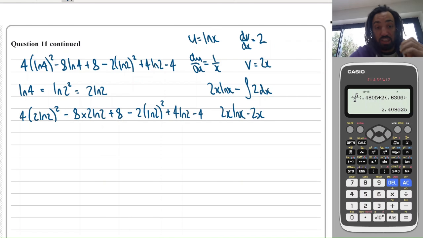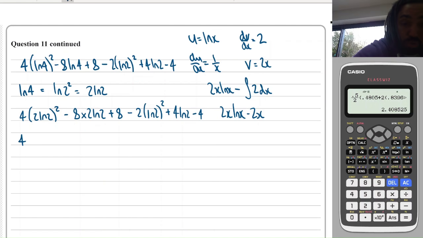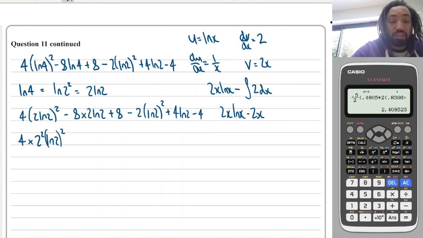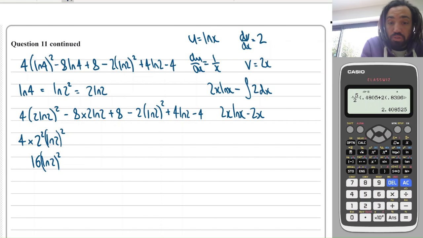Okay, now let's collect like terms. How many ln 2 squareds do I have? Well, this one here I could write as 4 times 2 squared ln 2 squared, because I can square the 2 inside the bracket and take it out. So that's actually 4 times 4, so that's 16 ln 2 squareds. And I've also got minus 2 ln 2 squareds there as well.